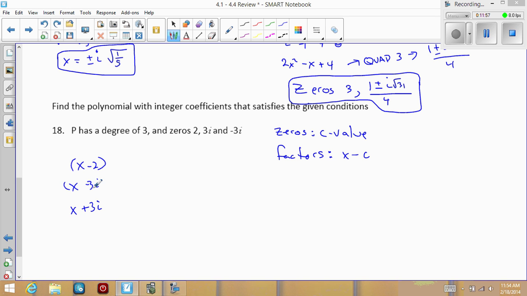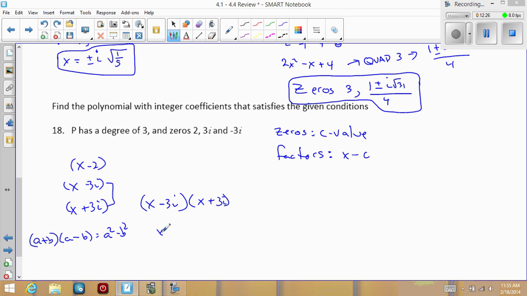We're going to multiply these all together. We're going to multiply these two first because those work together. So x minus 3i times x plus 3i is going to give you, you have a plus b and a minus b, so your result is a squared minus b squared. So a plus b times a minus b is equal to a squared minus b squared.